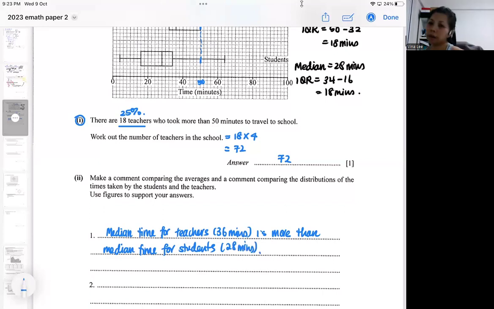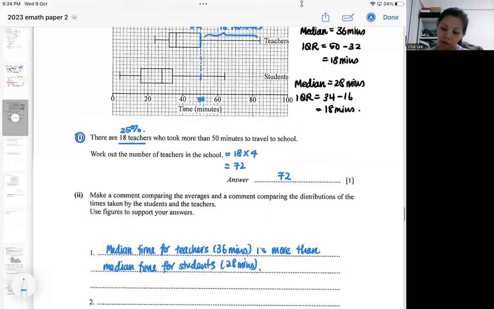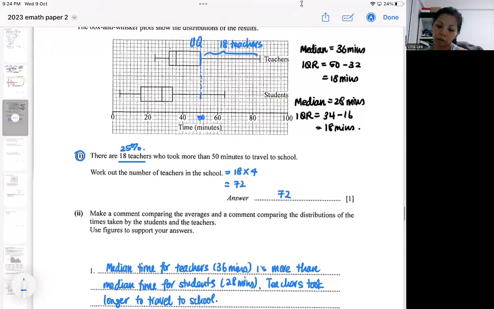Okay, don't just stop there. After you mention the obvious, you need to comment on the implication. That means in general, teachers will take a longer time to travel to school, based on the context of the question. Then to comment about the distribution, I will use the interquartile range.